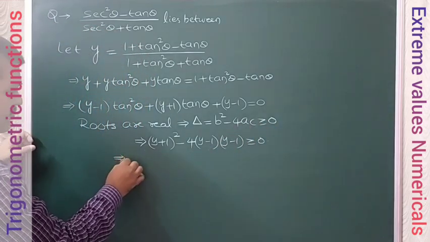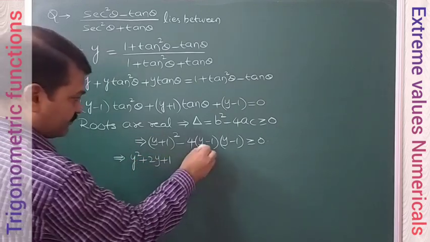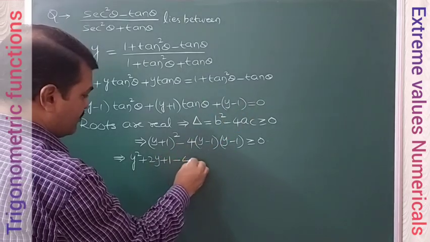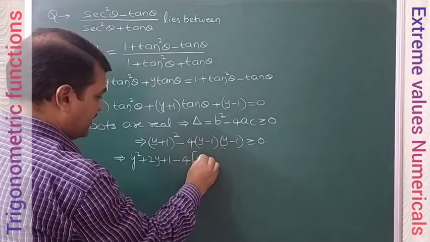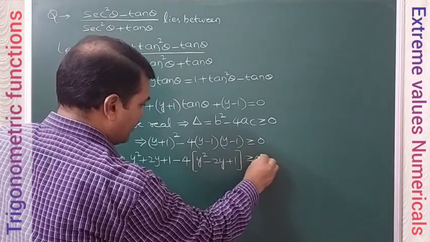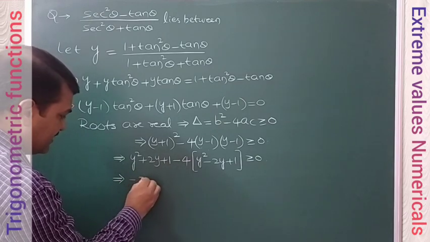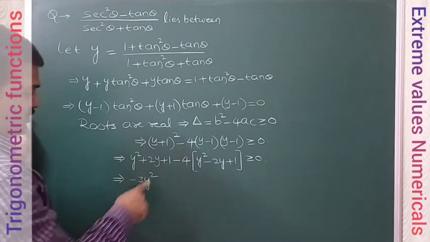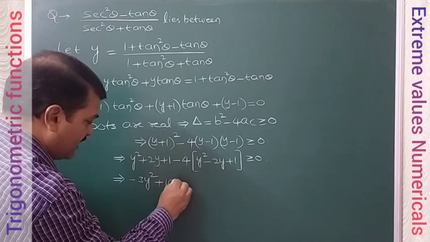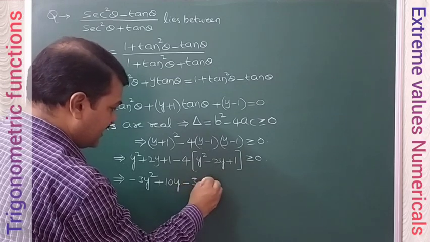So on simplification, y plus 1 whole square will be y square plus 2y plus 1, minus 4 into y minus 1 whole square, which is y square minus 2y plus 1, greater than or equal to 0. On simplification, we will get minus 3y square, plus 2y plus 8y, that means plus 10y, plus 1 minus 4, that means minus 3.